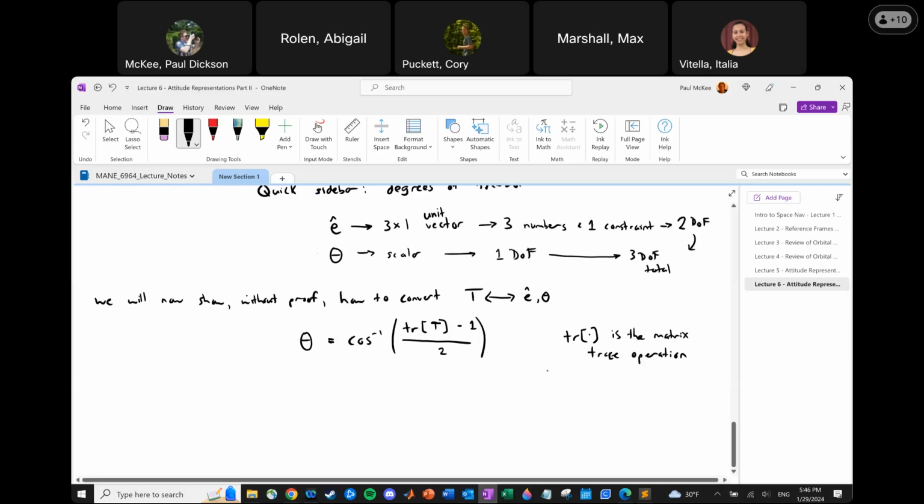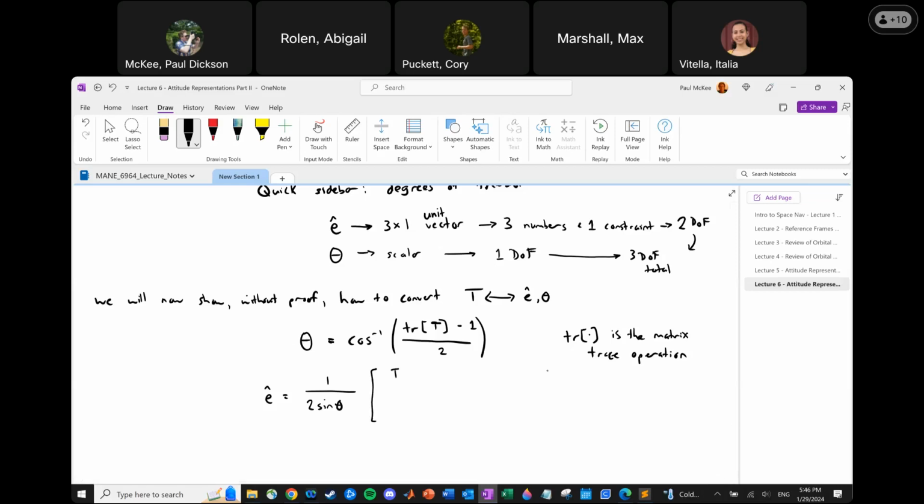And then E is 1 over 2 sine of theta. And then here comes the vector part. T23 minus T32, T31 minus T13, T12 minus T21.